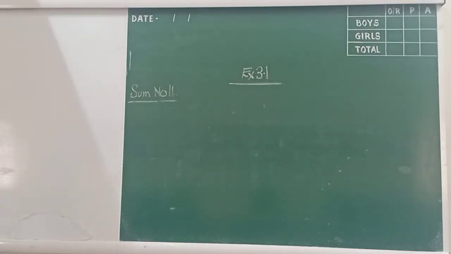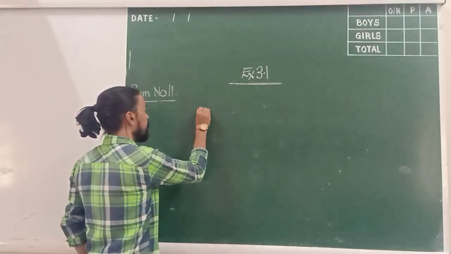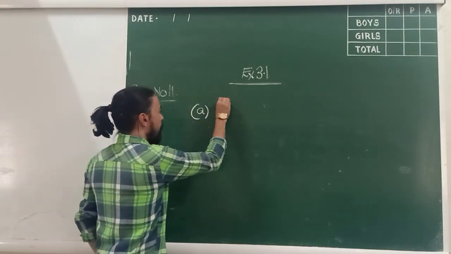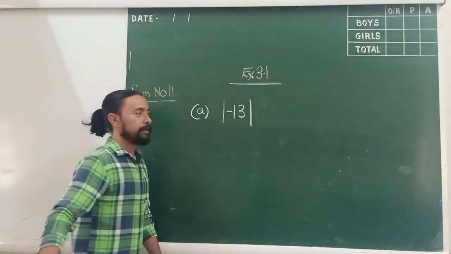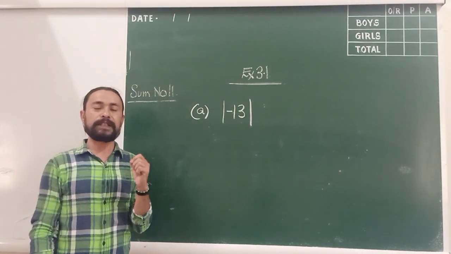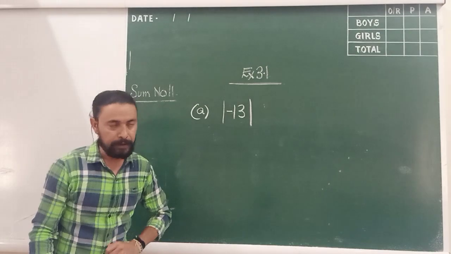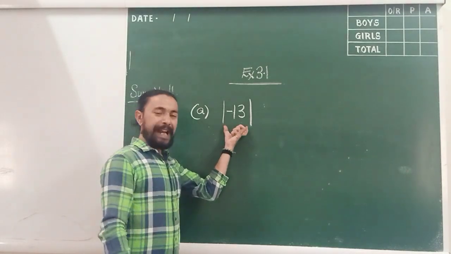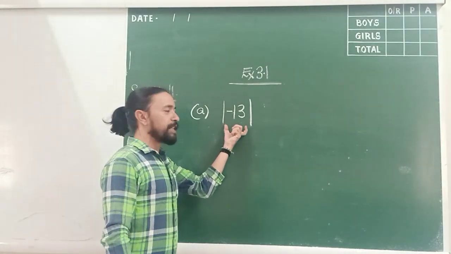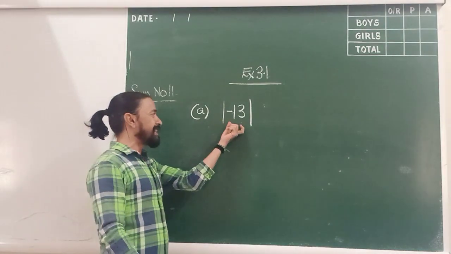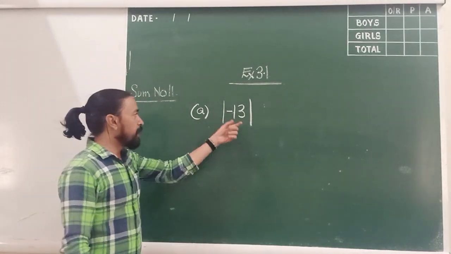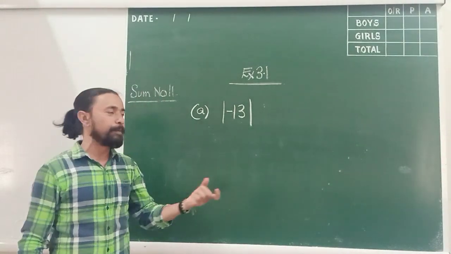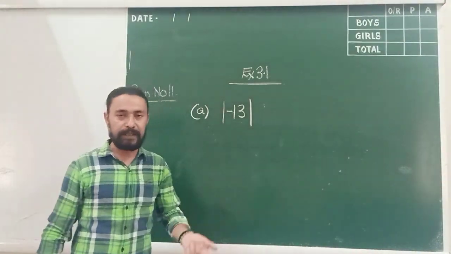Evaluate A, the absolute value of minus 13. They are asking us to find out what is the absolute value of minus 13. These are not brackets. These are vertical lines that tell you whatever is inside it, you have to write the absolute value of it. Now there is only one single number between these two lines, and that is minus 13.